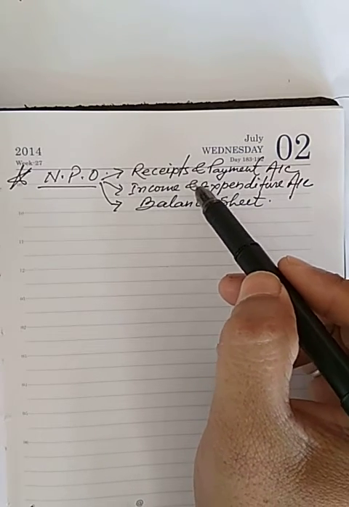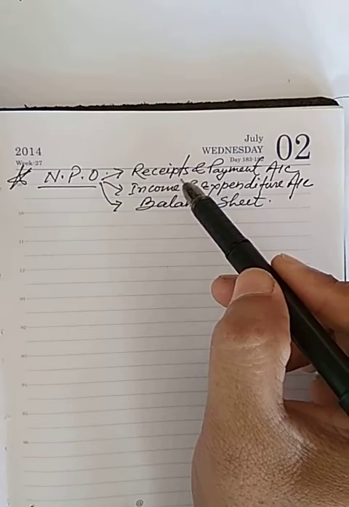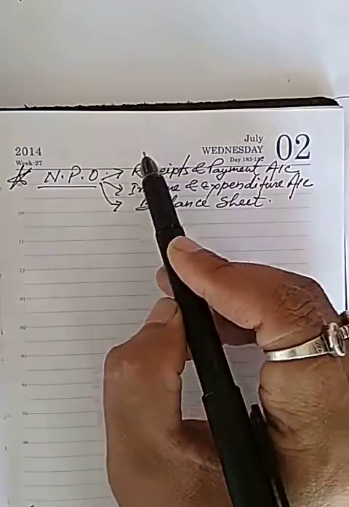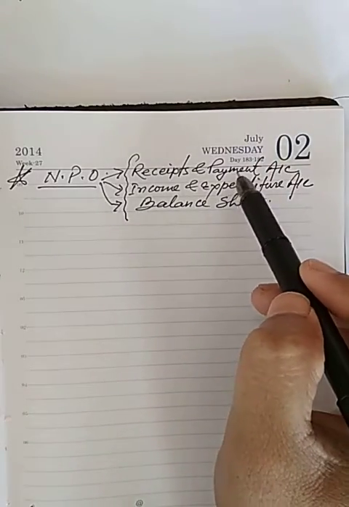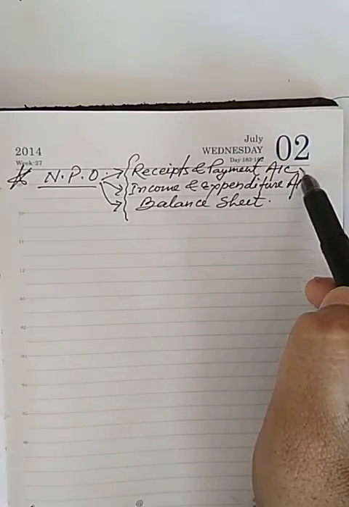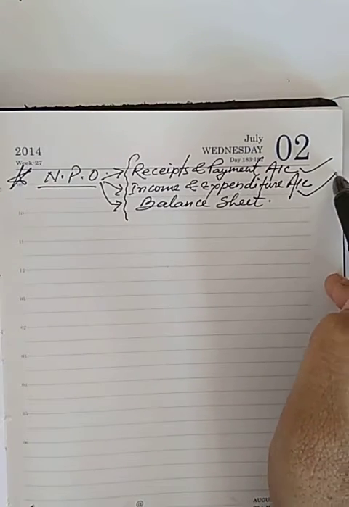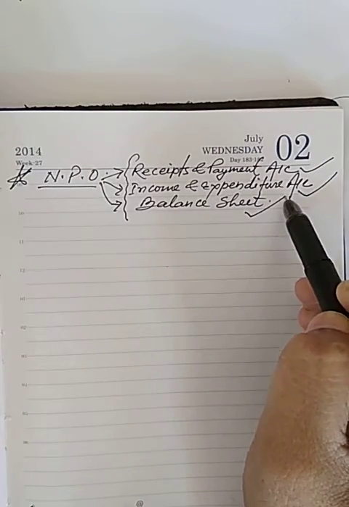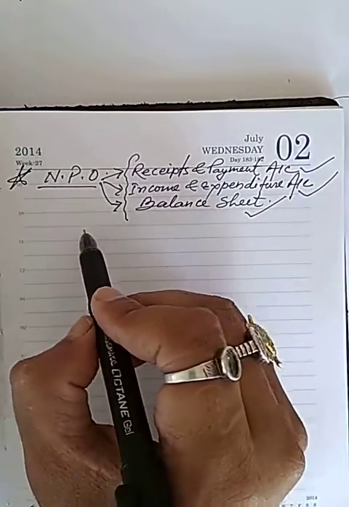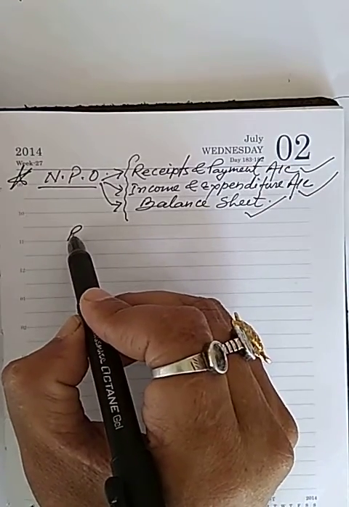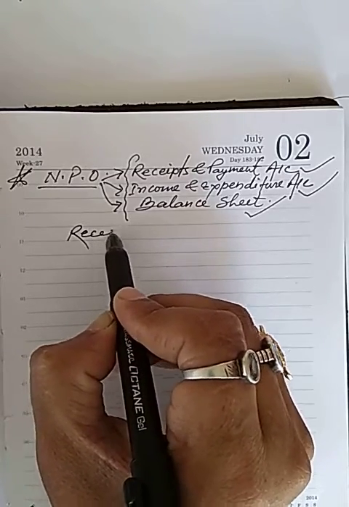The financial statements of a not-for-profit organization include the following 3 statements. First is receipt and payment account. Second is income and expenditure account. And third is balance sheet. So now we have to study about receipt and payment account.